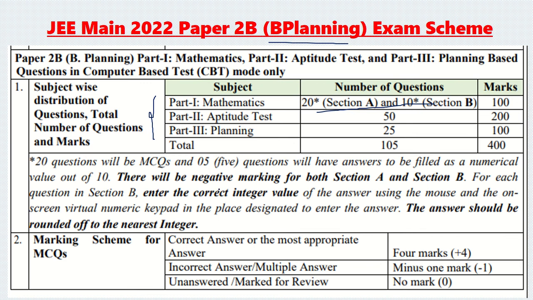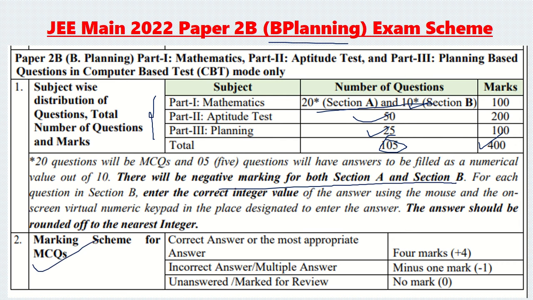And again there will be negative marking for both the sections, and out of 10 questions in section B, candidates are required to attempt only 5 questions. In the aptitude test there will be 50 questions, and in the BPlanning section, that is part 3, there will be 25 questions. So with this, the total number of questions will be 105, and the maximum marks of the exam is 400.